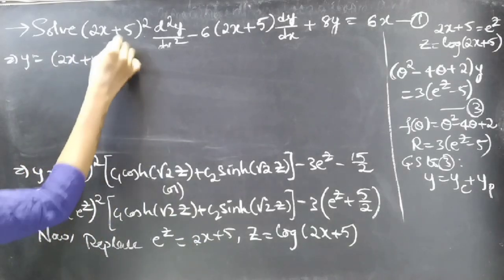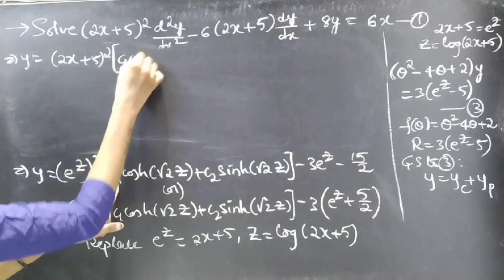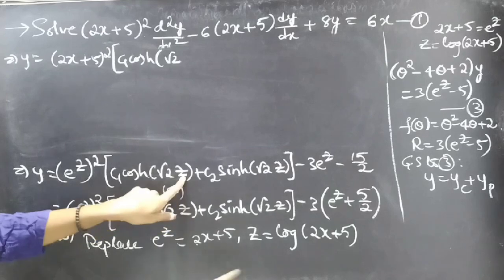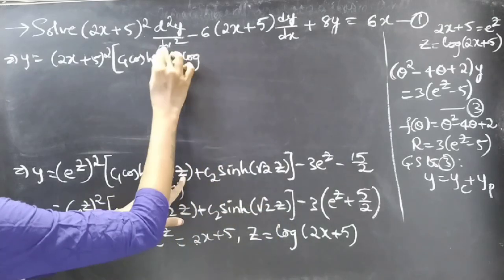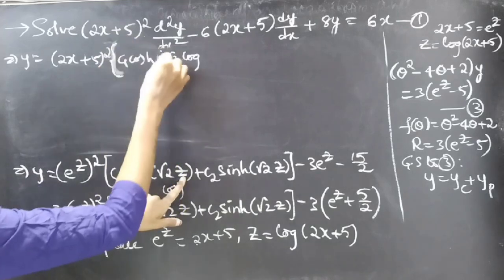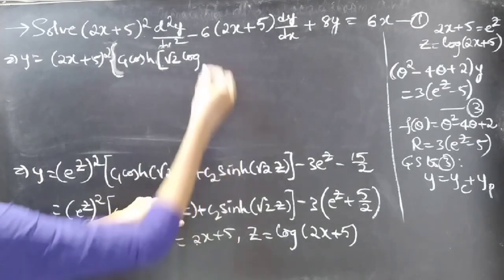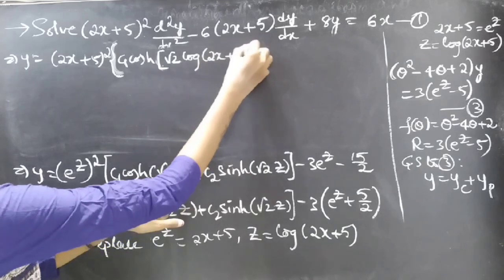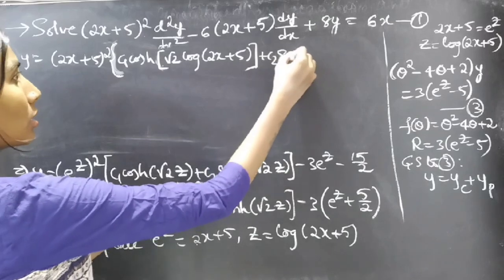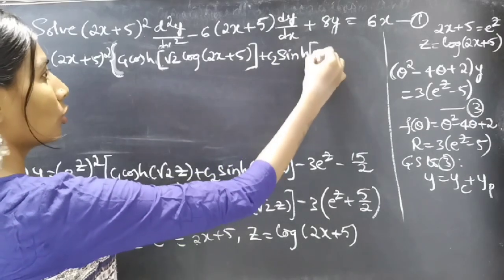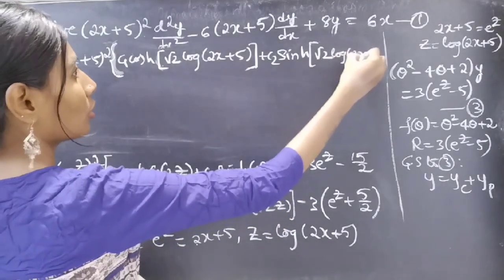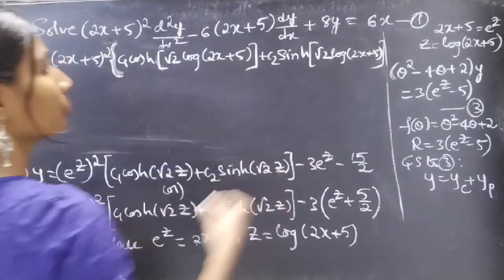You'll get 2x plus 5 whole square into c1 cos h root 2, replace z by log of 2x plus 5, plus c2 sin h into root 2 z, replace z by log of 2x plus 5.